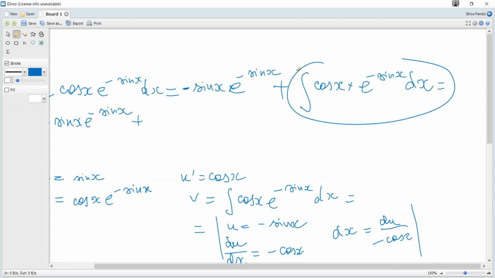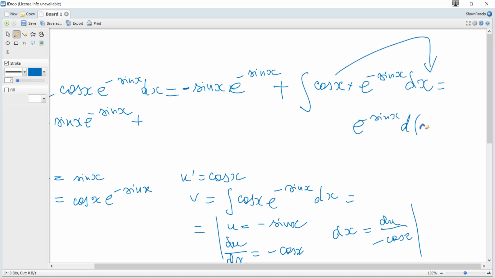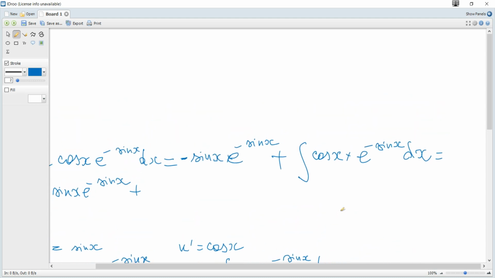to find this integral, it's also substitution u, and you understand that it looks like e to negative sine times the derivative of sine, and it will be minus e to negative sine. Or again, u is negative sine, du over dx is negative cosine, hence dx is du over negative cosine.